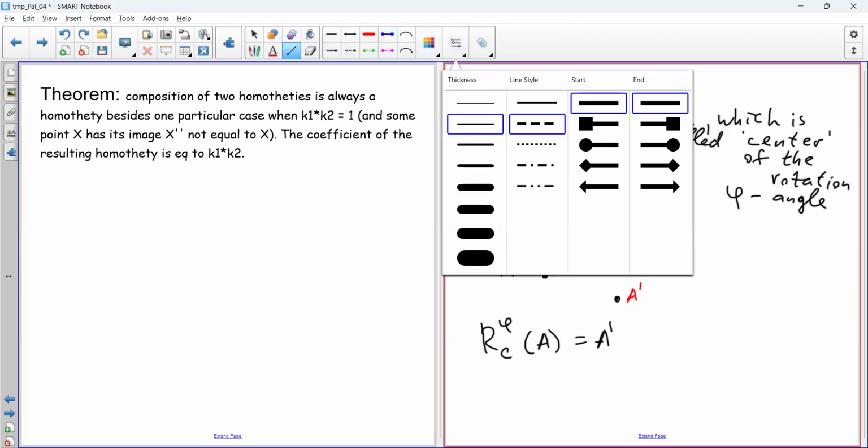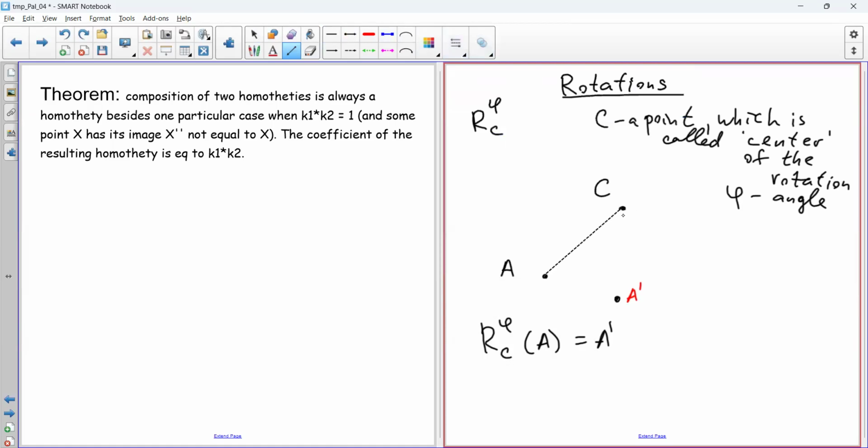some very natural conditions will be fulfilled.